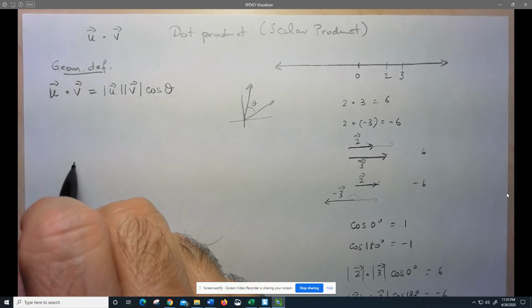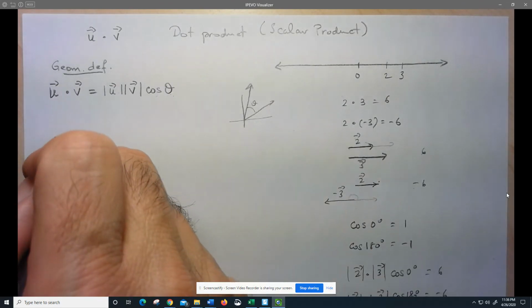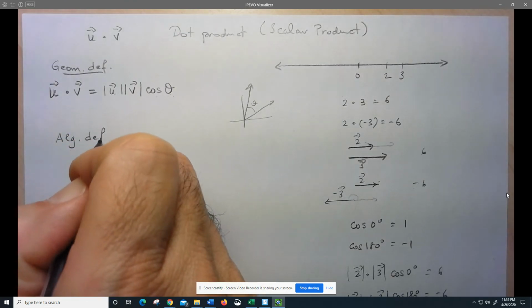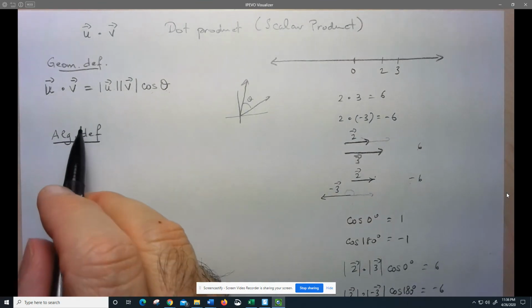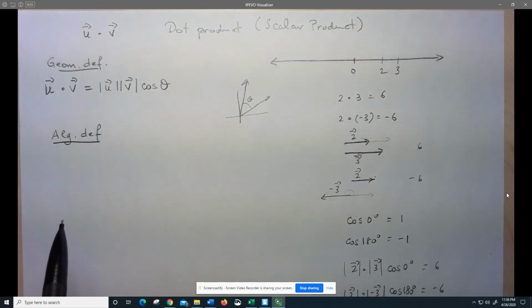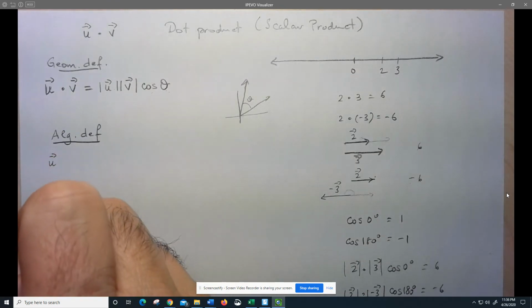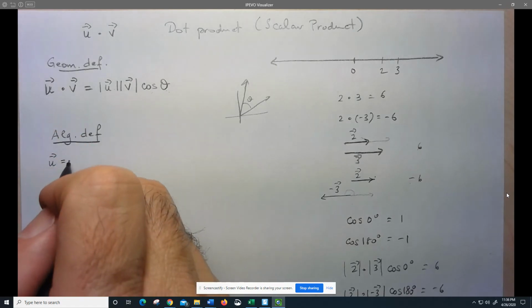So the last thing I want to do, remember, when we're working with algebraic vectors, is work only with the components. So there is a second definition, an algebraic definition. I'll do the 2D one, but it's exactly the same in 3D.